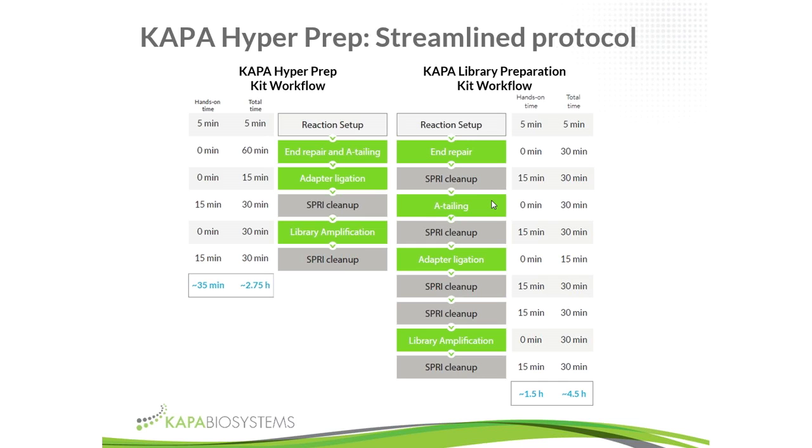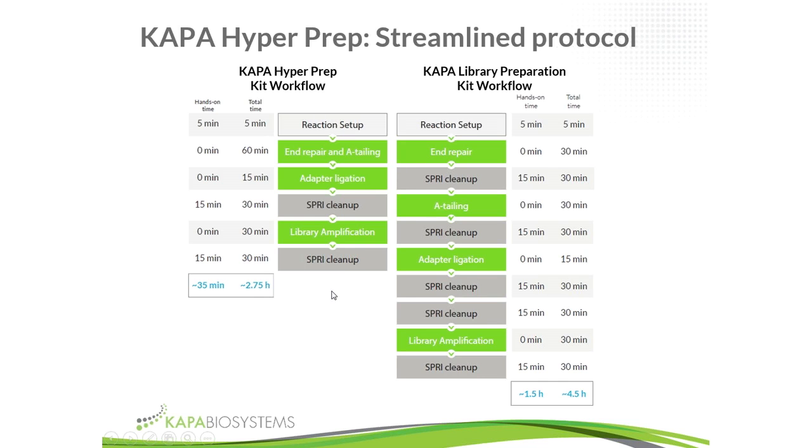But what can we do about this conversion rate? How can we make libraries from FFPE DNA more efficiently? The good news is that we think we've recently made some progress in this regard. We launched a few weeks ago a streamlined DNA library preparation kit called KAPA HyperPrep. We had spent a lot of time developing a very well optimized DNA library preparation kit with a with-bead protocol to limit sample loss and get good yields from low inputs and FFPE samples.